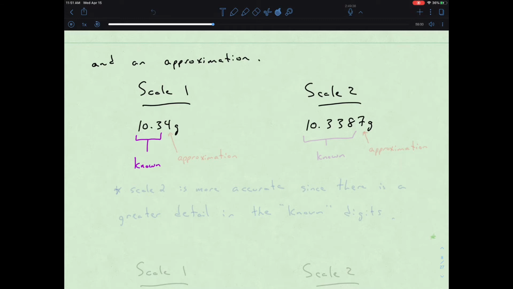And even if this is a digital scale, that last digit is really an approximation. Same thing with the other scale, but notice that there are a lot more digits that are known. We can go all the way over to the thousandths place, and then we finally get to the last digit, which is the approximation.